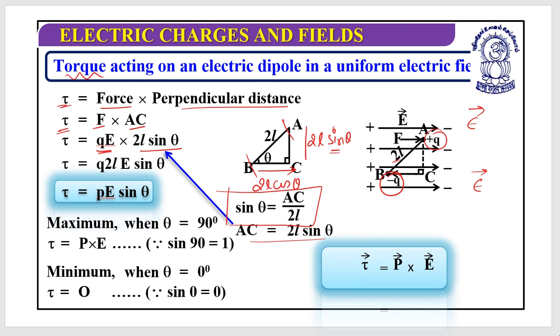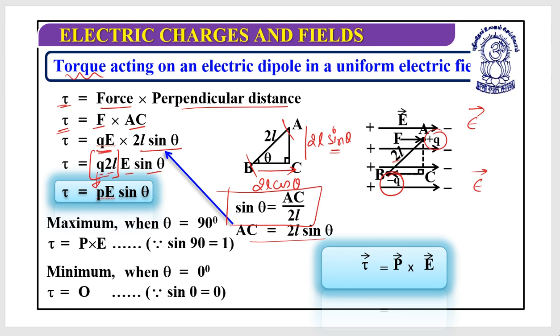If I rearrange this, it is q into 2l, in one bracket, multiplied by E sin theta. Now what is q into 2l? Remember the dipole moment? It is the charge multiplied by the separation between the two charges.